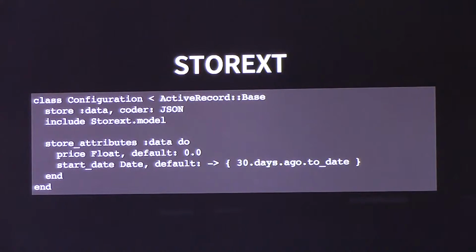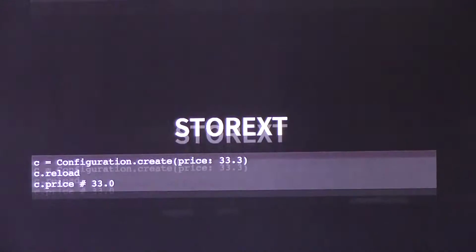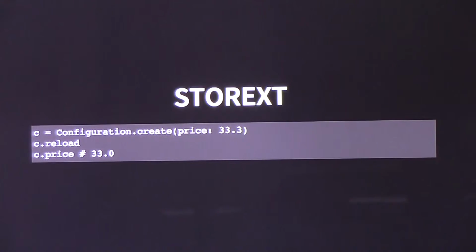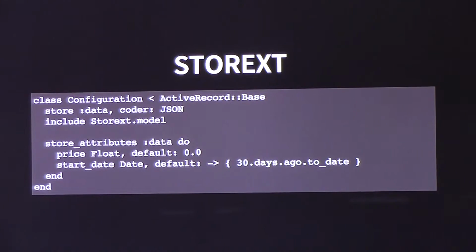I have a price, it's a float, by default 0.0. I have a start date, by default 30 days ago. It typecasts based on the type you specify above. Actually, it just uses Virtus underneath because we don't want to write all that code again, and Virtus is used in a lot of the apps we write already.